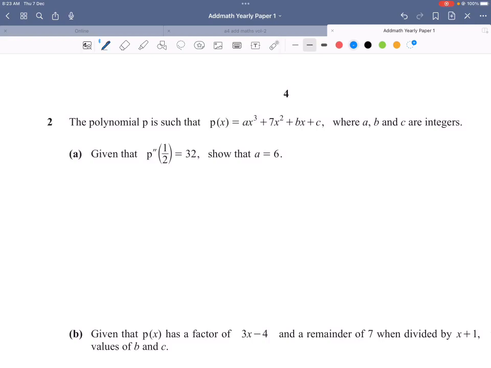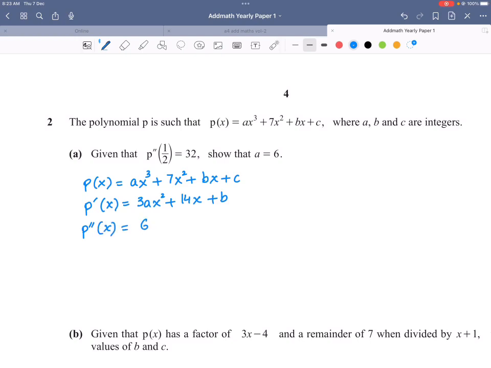So we have p of x is equal to ax cubed plus 7x squared plus bx plus c. When we differentiate it the first time, it's p prime of x, and the derivative will be 3ax squared plus 14x plus b. When we again differentiate it, p double prime of x will be 6ax plus 14.